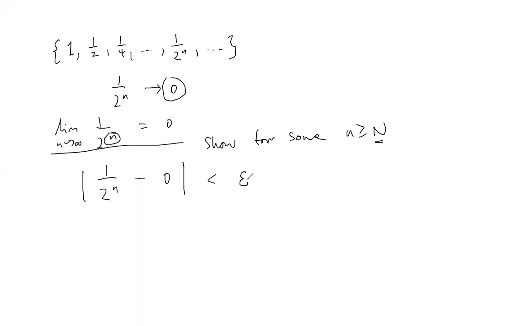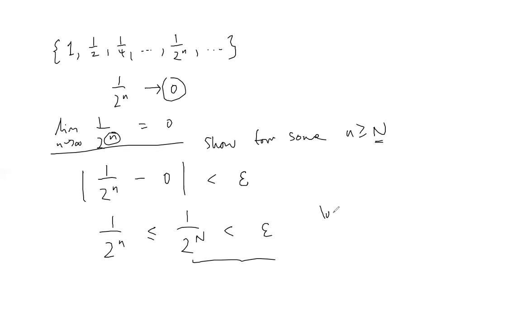In this case it's simple because it is bounded by this, and therefore you bound it with epsilon and take log on this part.